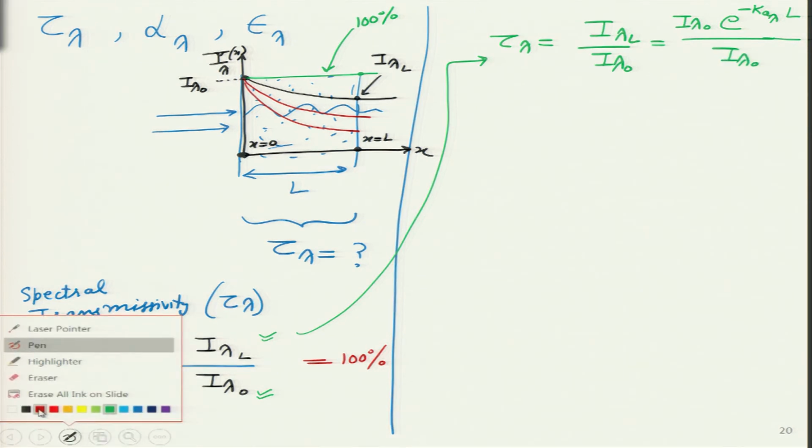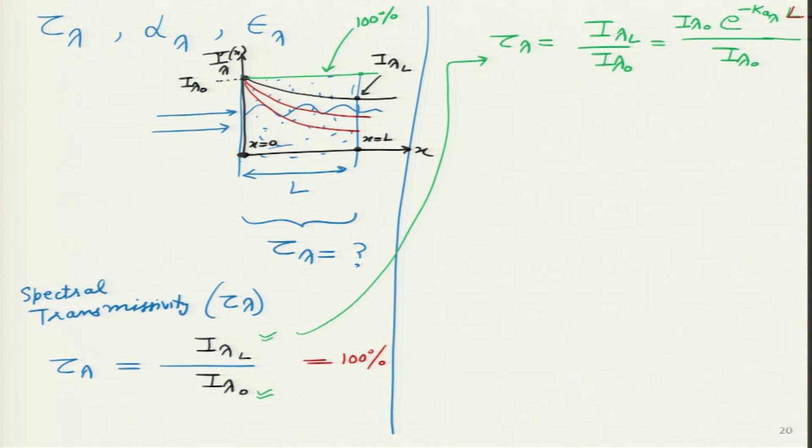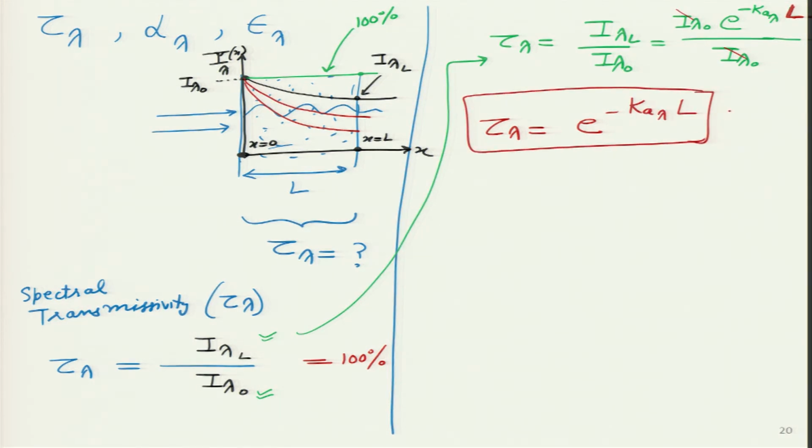So, what I have done is I will write in red color over here, I have taken x equals to L. So, these two terms get cancelled out. So, what I get as the tau lambda term is e raised power minus k a lambda L. This is a very powerful equation which can help us figure out what is the transmissivity in this particular medium.